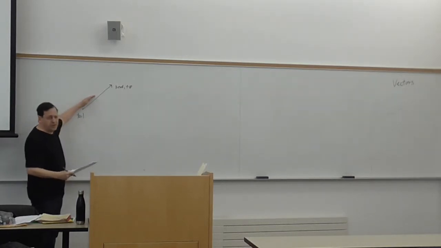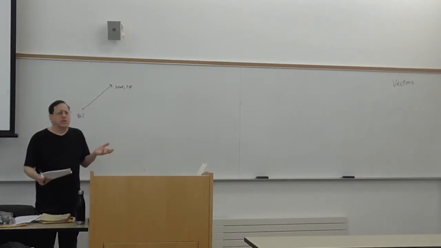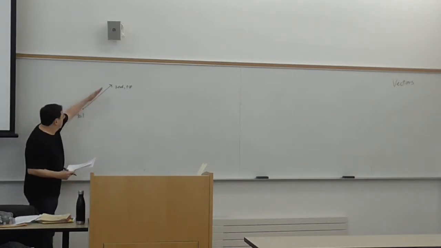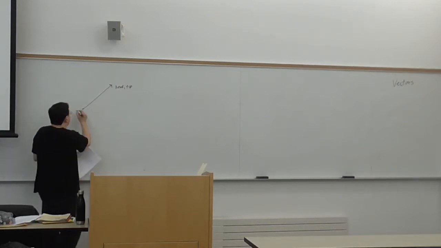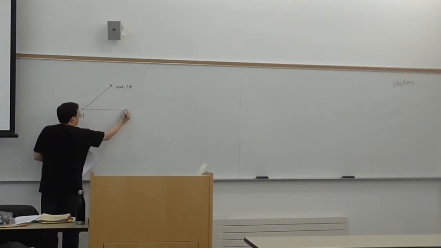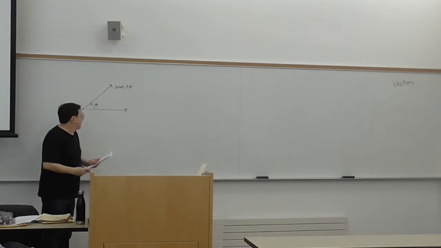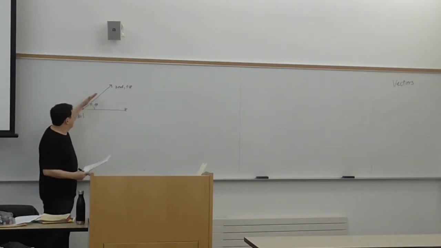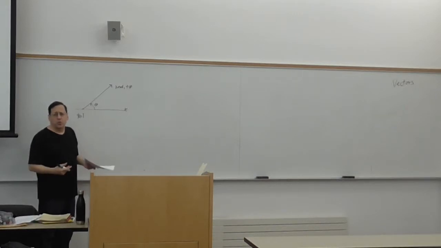And what this represents is two things. It represents an angle: the direction that the arrow is pointing indicates an angle, which we'll measure the usual way, counterclockwise from the x-axis. And it has a length, which we refer to as the magnitude or the norm of the vector.